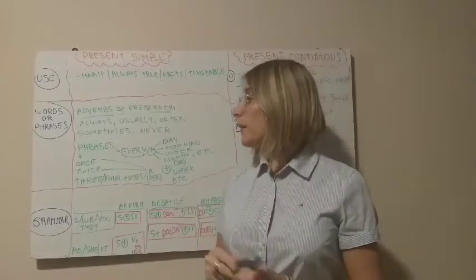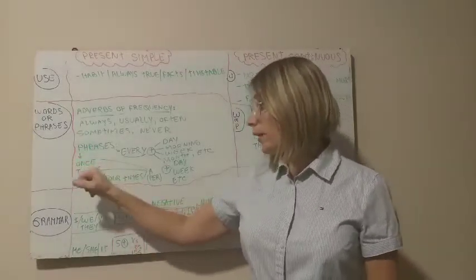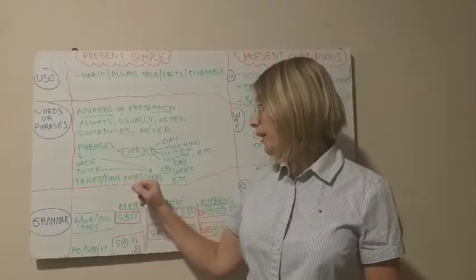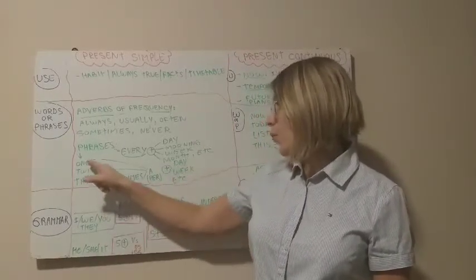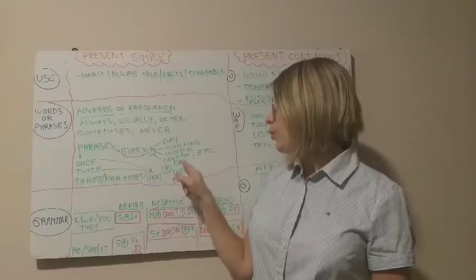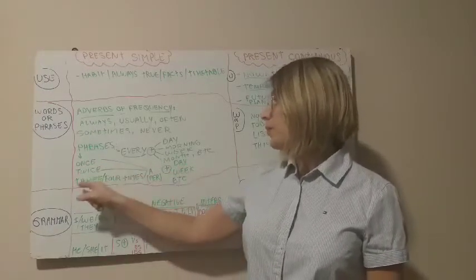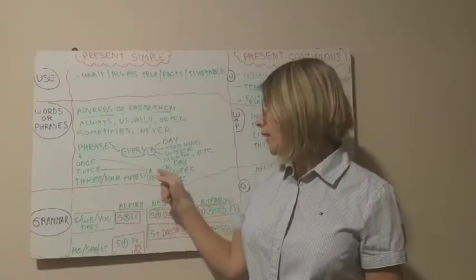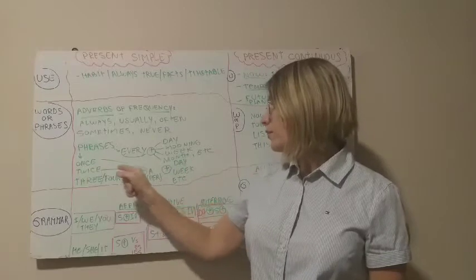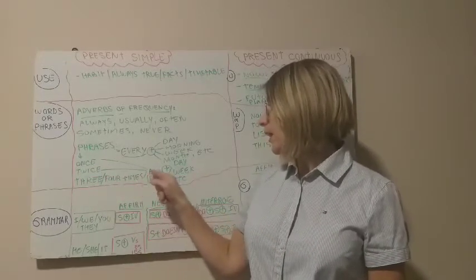Then we have another group like once, twice, 3, 4 times, a or per day or a week. I say once a day, twice a day, 3 times a day, once a week, twice a week, 3 or 4 times a week.